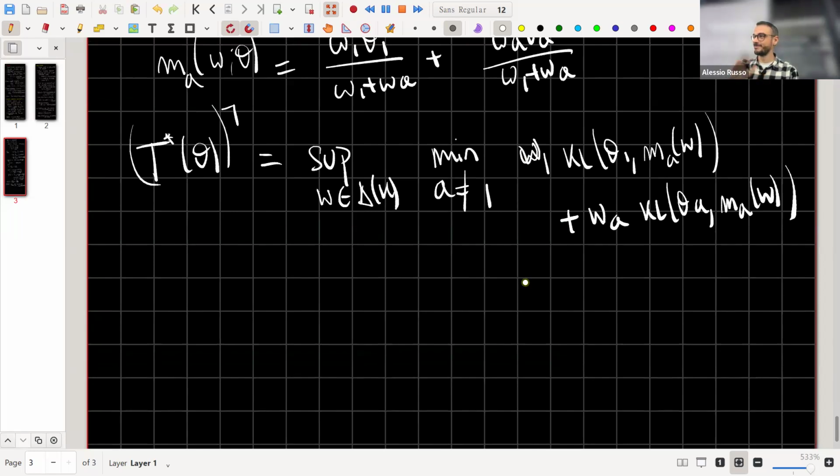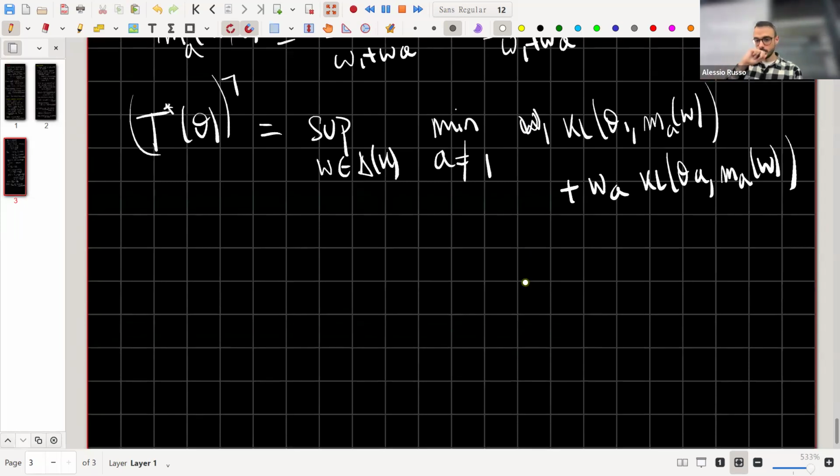All good? Yeah. So what's interesting here is that we are comparing arm 1 with arm A. So we are trying to compare the evidence that we collect from arm 1 compared to arm A, and we test against an alternative model that is M_A(W).